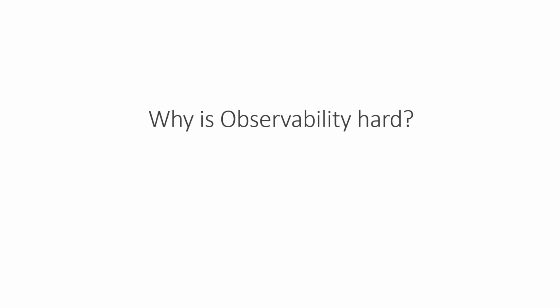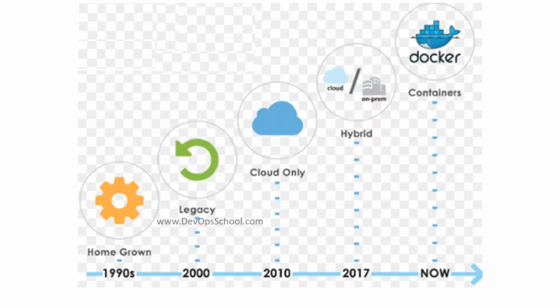So now the question is also, monitoring was also hard. Nagios and Prometheus and tools like that solved it. But observability is also hard, because you look at the evolution of computing. Earlier, you remember, we were running applications on legacy hardware like desktops and servers.